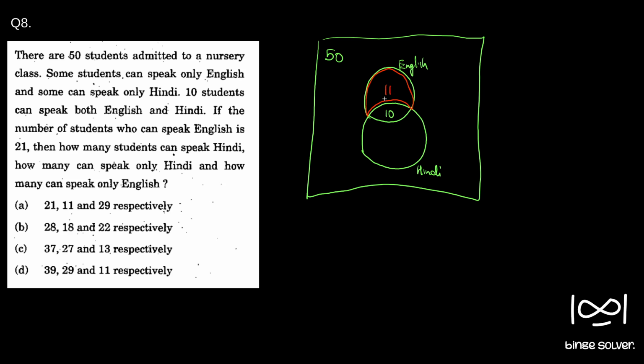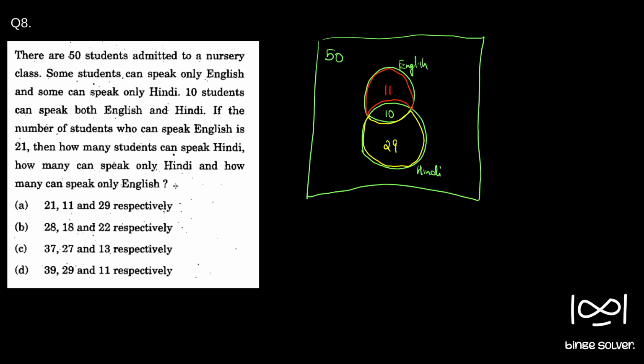So we identified these two regions. Now if you subtract 21 from 50, we will get this region. This region is 50 minus 21. So 50 minus 20 is 30, minus 1 is 29. Okay, we got all the regions as 11, 10 and 29.